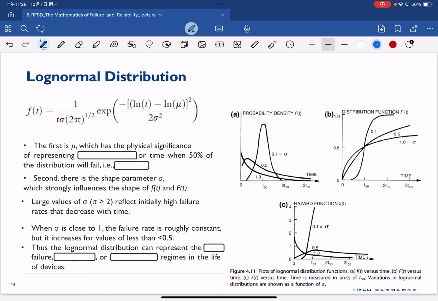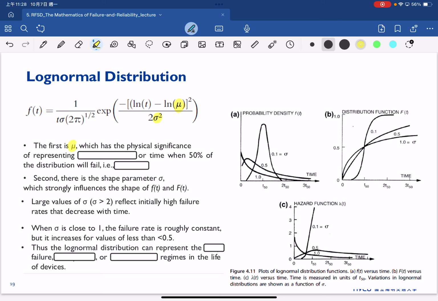This is the PDF for the log-normal distribution, and we realize that inside this equation, it is related to mu and also related to sigma.